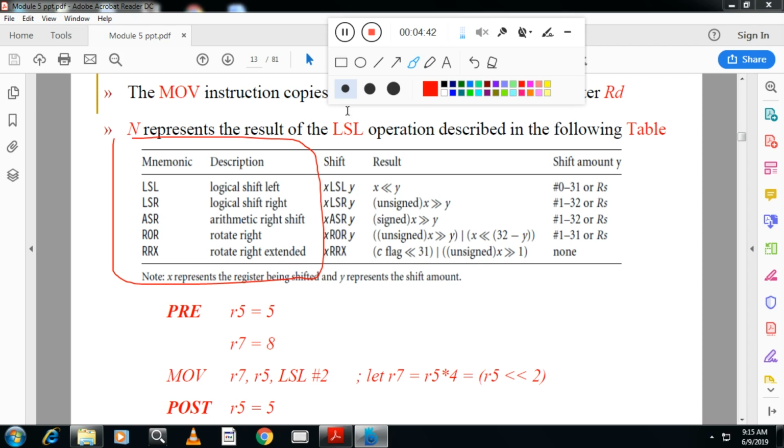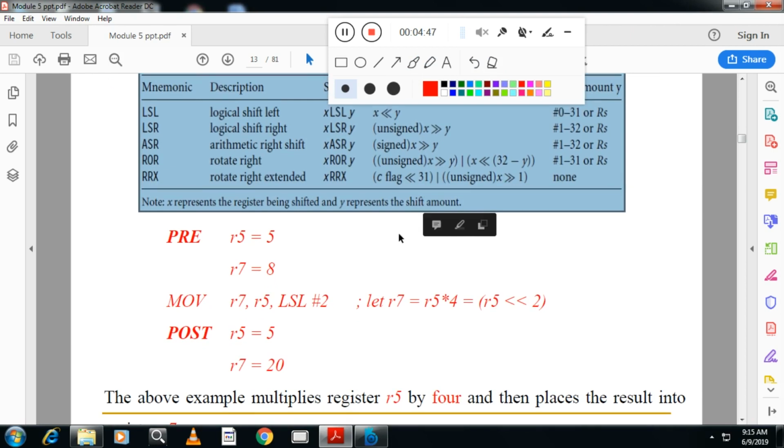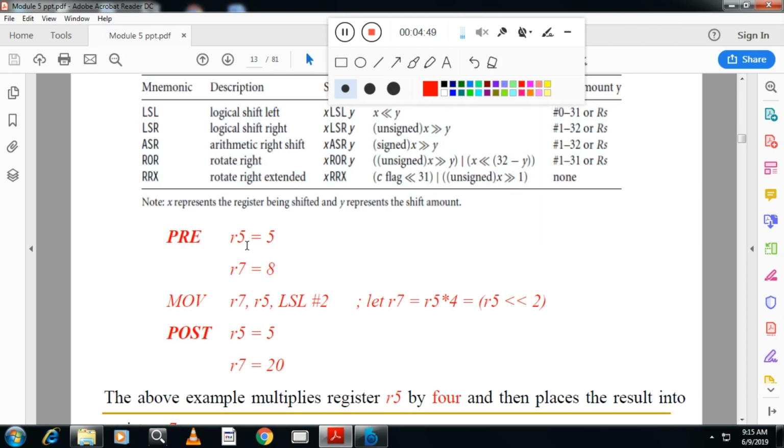For example, you can see here R5 is equal to 5, R7 is equal to 8. The value of R5 is assigned as 5, R7 is 8. Now, move R7, R5, LSL 2. That means R5 is left shifted by 2, then it is moved to R7.